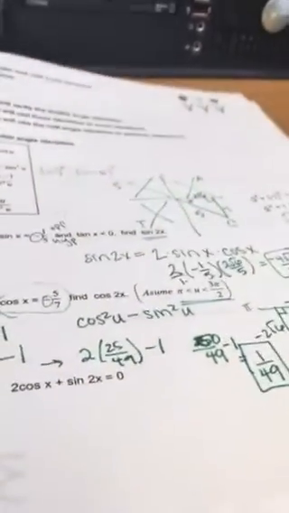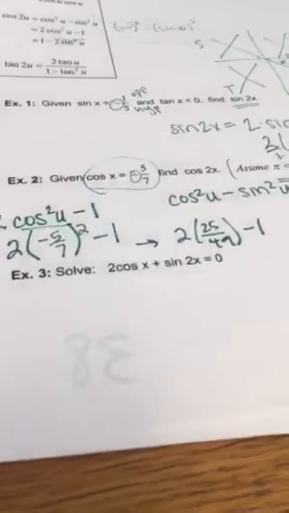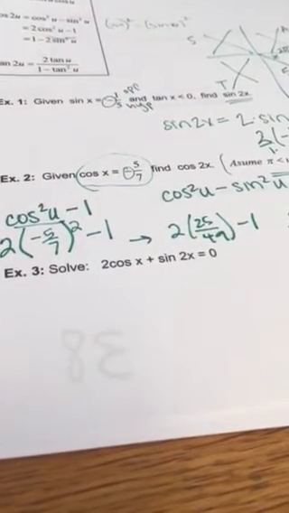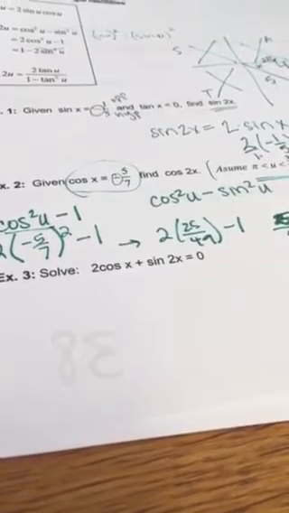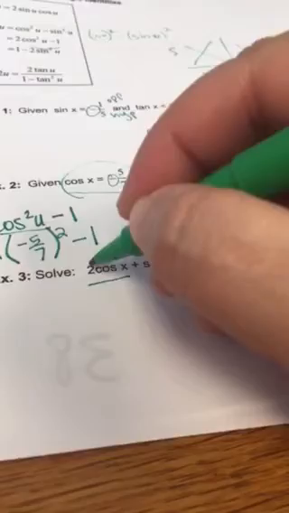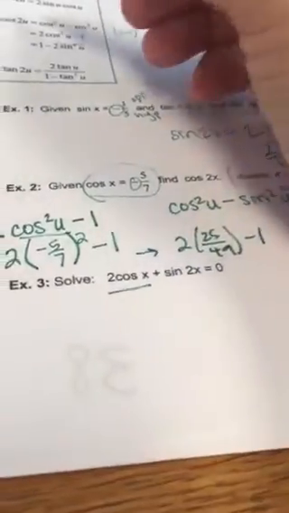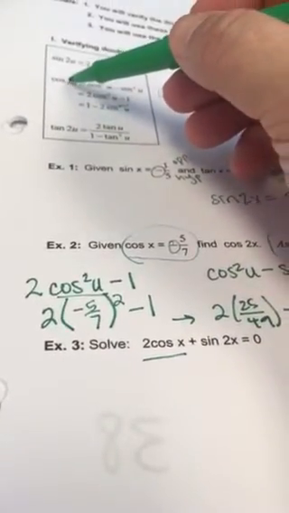And then the last one: 2 cosine x plus sine 2x equals 0. There's nothing to replace with the 2 cosine because the 2 is on the outside, and with these formulas the 2 has to be by the variable. So leave this alone. We have 2 cos x.